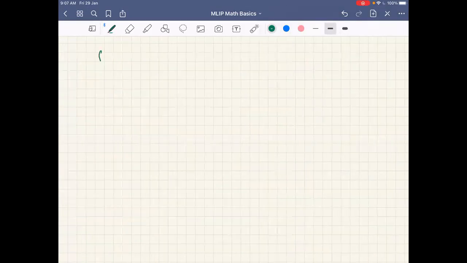Now assume that I have f of x, a function of x, and a matrix M, so this is equal to M into x, where x is d cross 1 and M is d cross d.